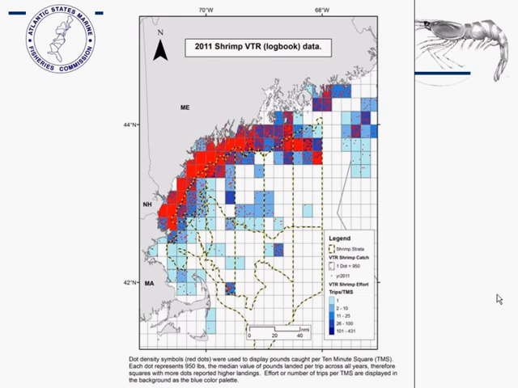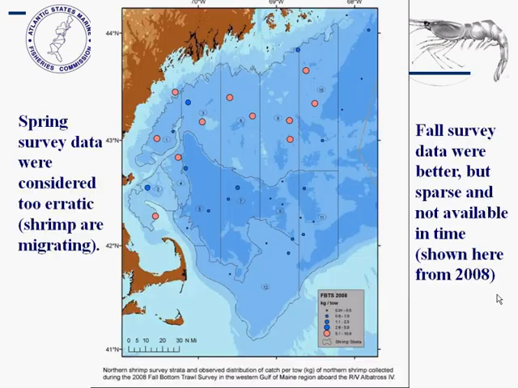There's a lot of fishing happening in the Western Gulf, inshore, and there's some down east. But predominantly it's right along here. So that also influenced the decisions of where to conduct the survey.